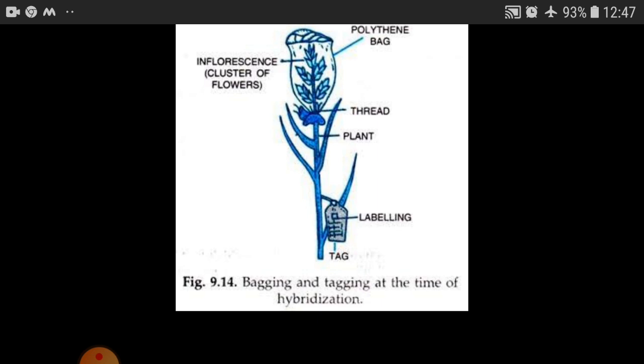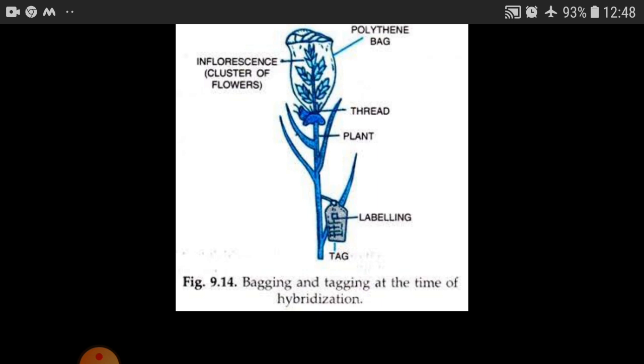So 3 steps are required for the bisexual flowers and 2 steps are required for the unisexual flowers. Is it clear? So with this we complete the process of artificial hybridization, which involves the 3 different processes in a sequence, that is emasculation, bagging and tagging techniques.